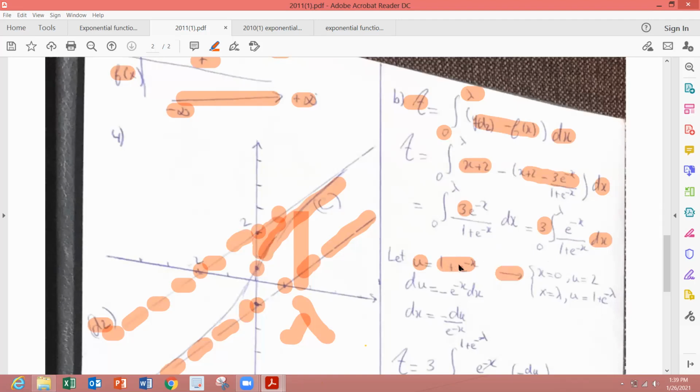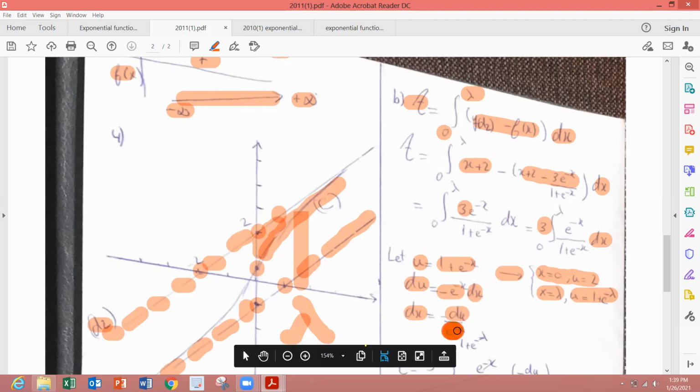For x equal to 0, u equals 1 plus e to the 0, which gives 2. For x equal lambda, u equals 1 plus e to the minus lambda. Now du, the derivative of u, the derivative of e to the minus x is minus e to the minus x dx. Then dx equals minus du over e to the minus x.